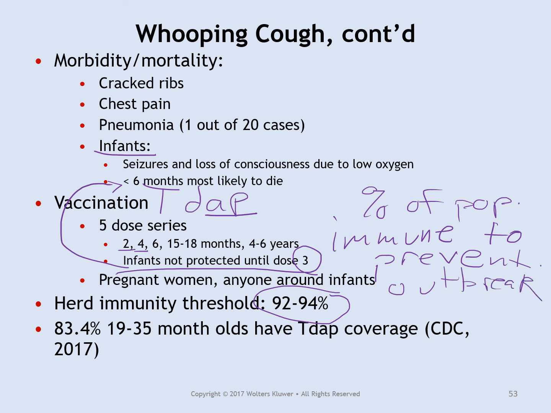So 92 to 94% of our population needs to be immune to whooping cough in order to prevent outbreaks. That's a huge percent. That's almost everybody needs to be vaccinated against whooping cough.